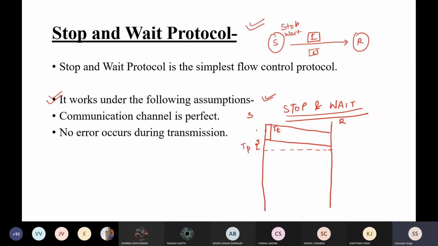Again, the sender has waited for this amount of time tt, plus it is waiting for the packet to reach the receiver. Now it will wait further.